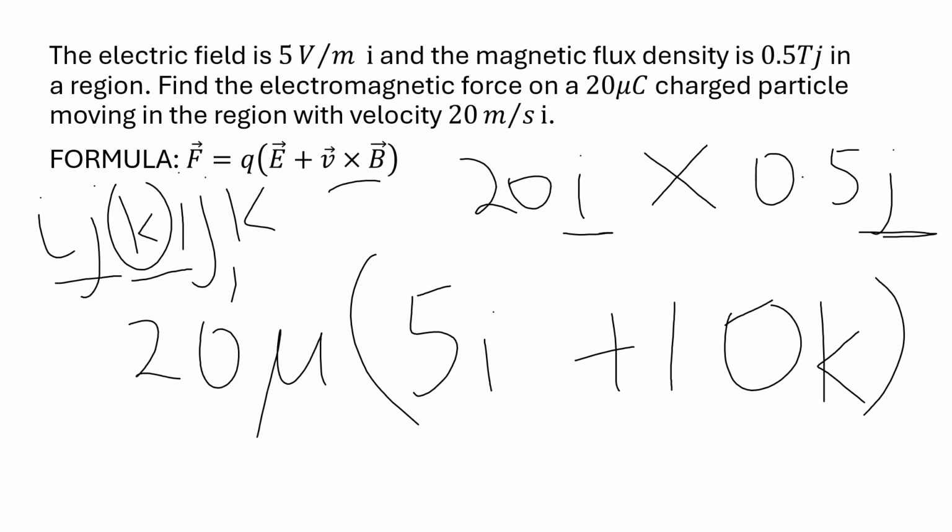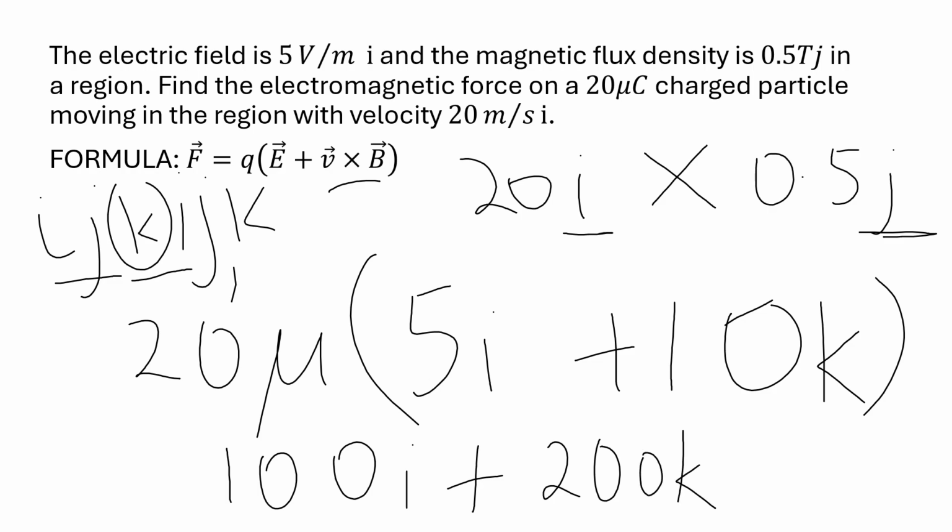So when we do that, we get, in bracket, 100I plus 200K, all in micronewtons. That's the unit of force. And let's not forget our micro. So this is very, very simple.